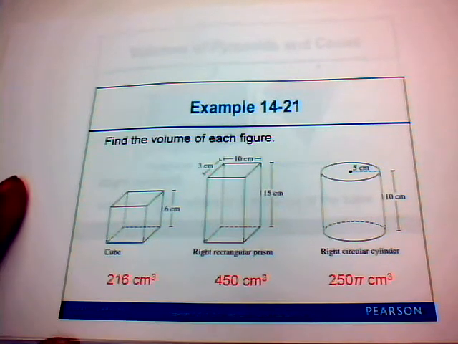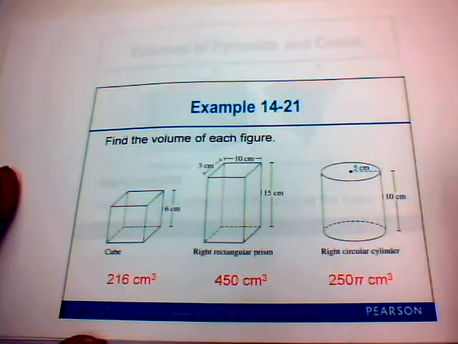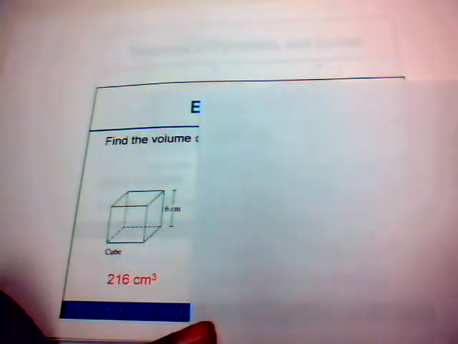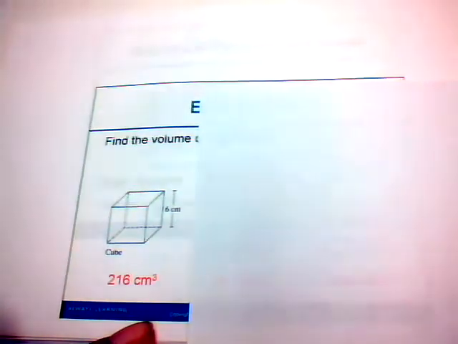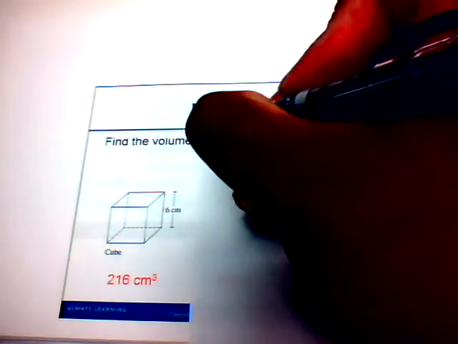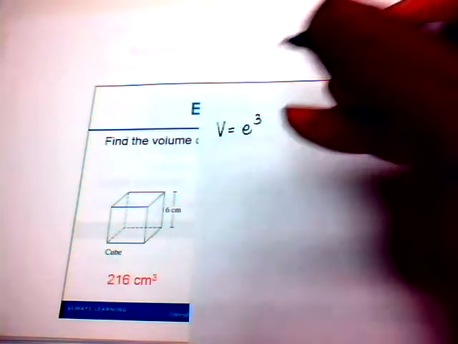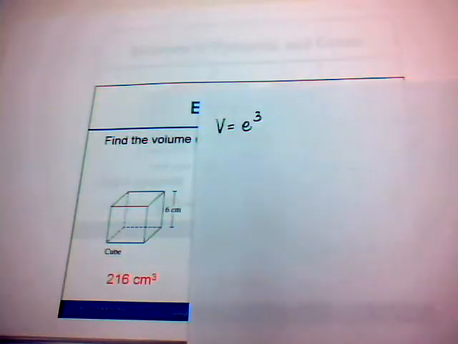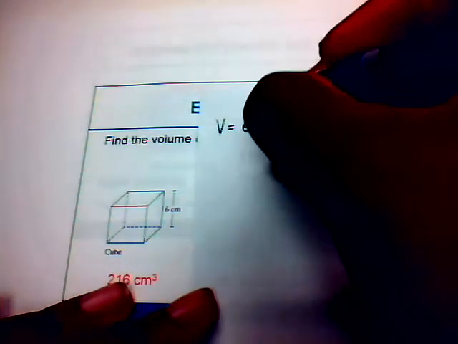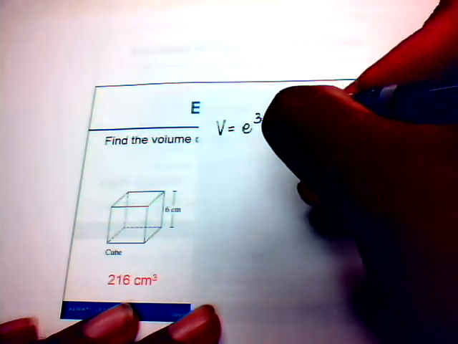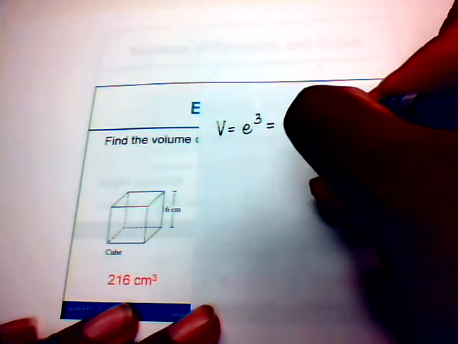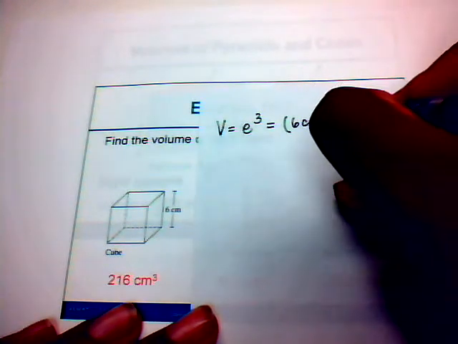In this case here, we want to find the volume of each figure. So let's say we want to find the volume of that cube. It's 6 centimeters as a height. So here, it's a cube, so we're going to use this formula. Volume is equal to e to the third, which means the edge of that cube is 6 centimeters, and we're going to cube that.